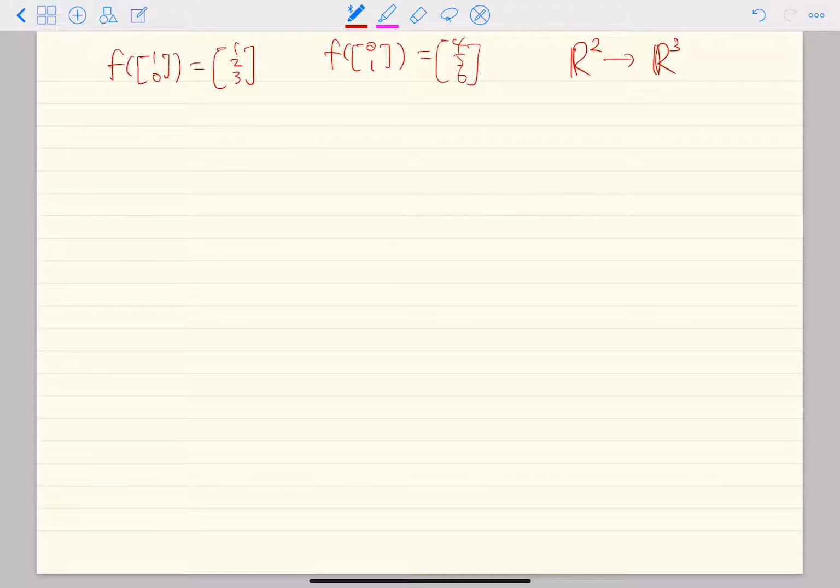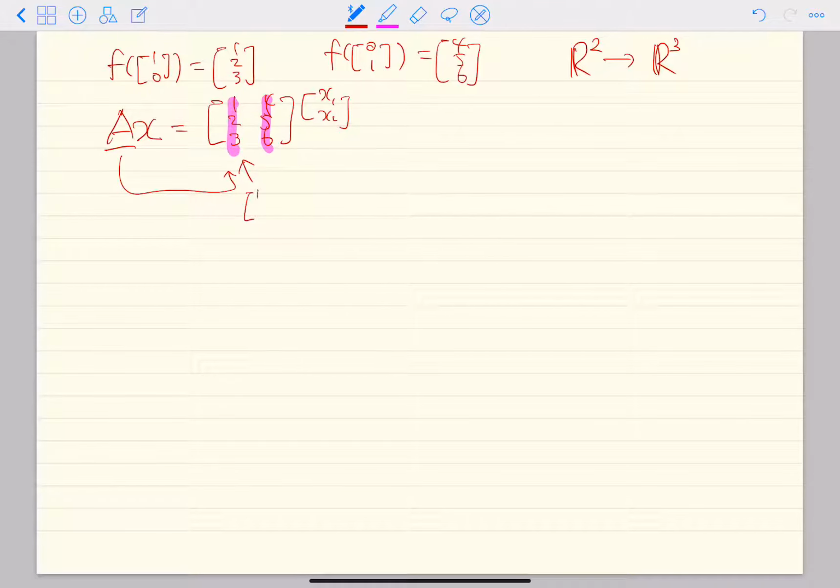It is defined as Ax all the time. It is always defined in the form of matrix and vector multiplication, and we are just reviewing what we studied last time. So what is A? A is (1,2,3) and (4,5,6), and then x1 and x2. And what was the meaning of each of these two columns? What forms the columns of our matrix? The first column is the mapping result, or transformation output, of the standard vector (1,0), and the second column is the mapping output of (0,1).